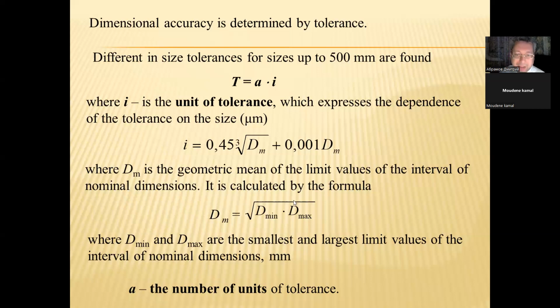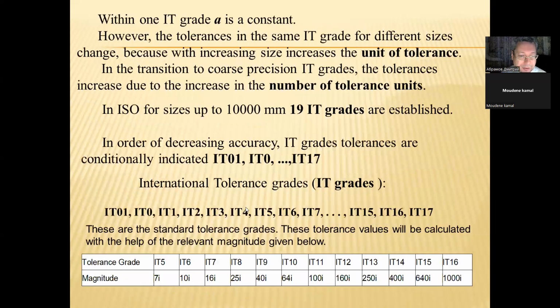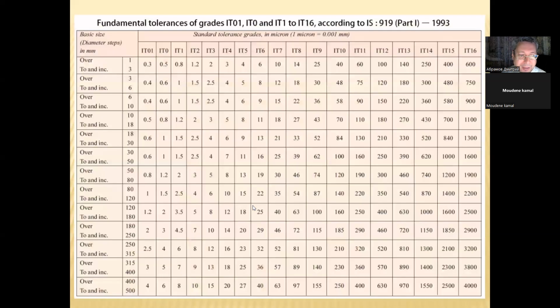What is D minimum and D maximum? We use these tables. For example, we have a hole or shaft, and the nominal diameter of the hole and of the shaft is equal to 60 millimeters. 60 millimeters is between 50 millimeters and 80 millimeters.